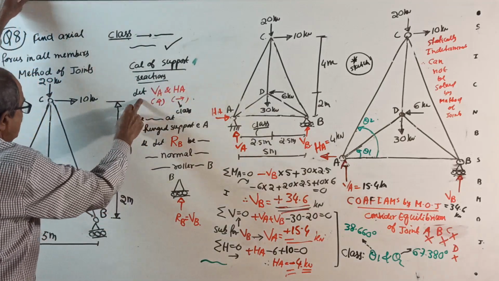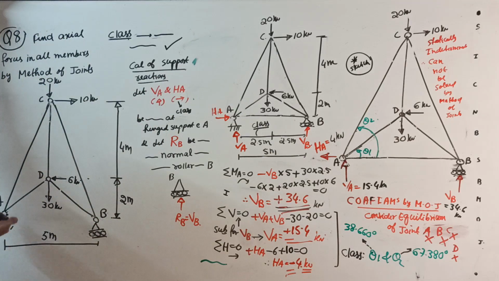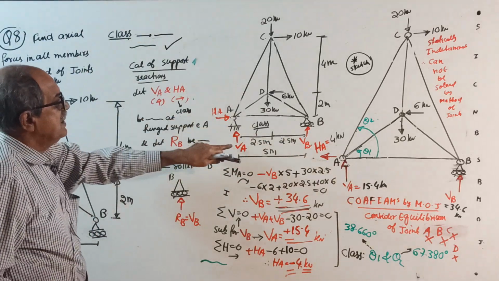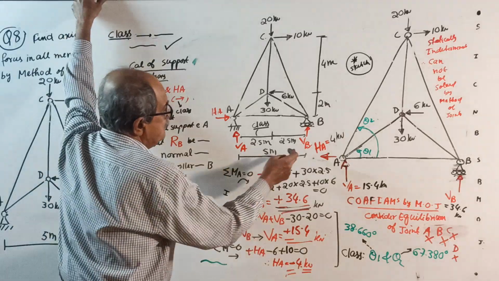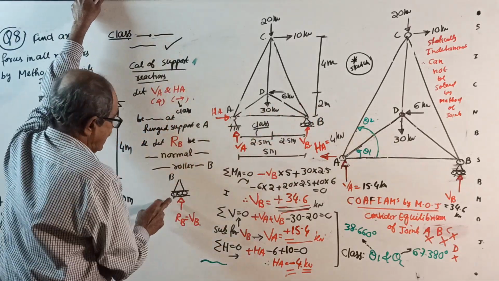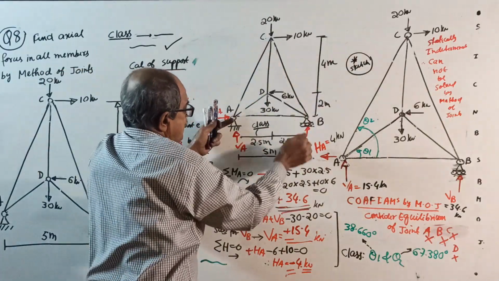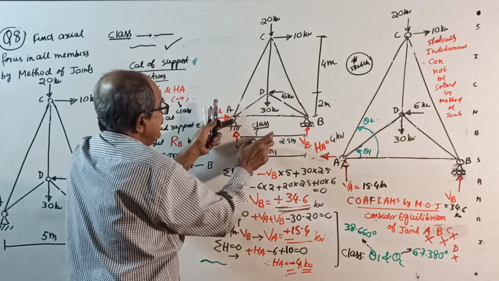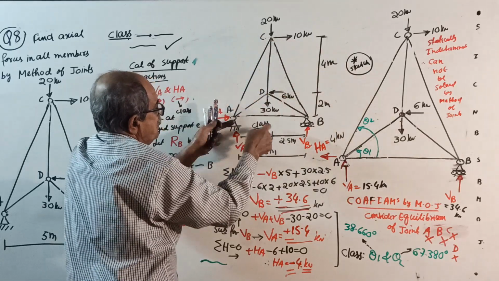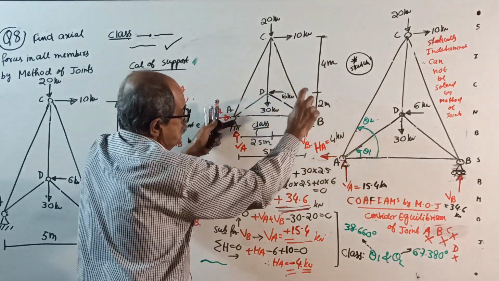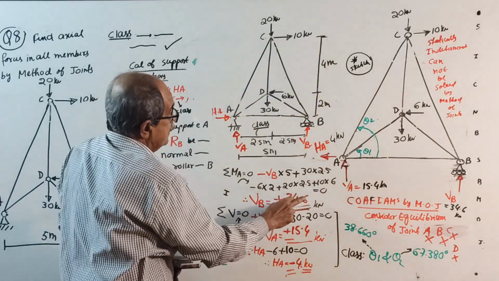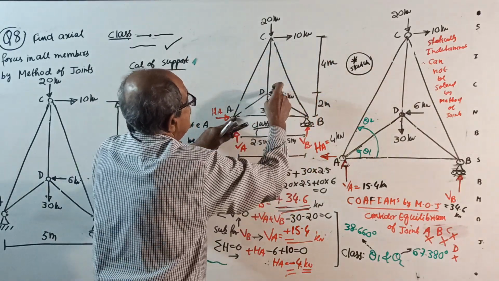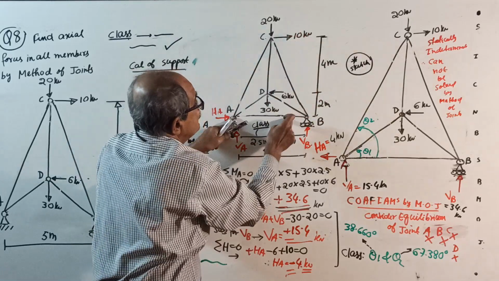Calculation of support reactions. I already explained for you. Let VA upward, HA right side, be the vertical and horizontal reaction at A. Let VB, which is perpendicular to plane, be the reaction at B. Then take moment about A: minus VB into 5, plus 30 into 2.5, plus 6 into 2, plus 20 into 2.5, plus 10 into 6, equal to 0.